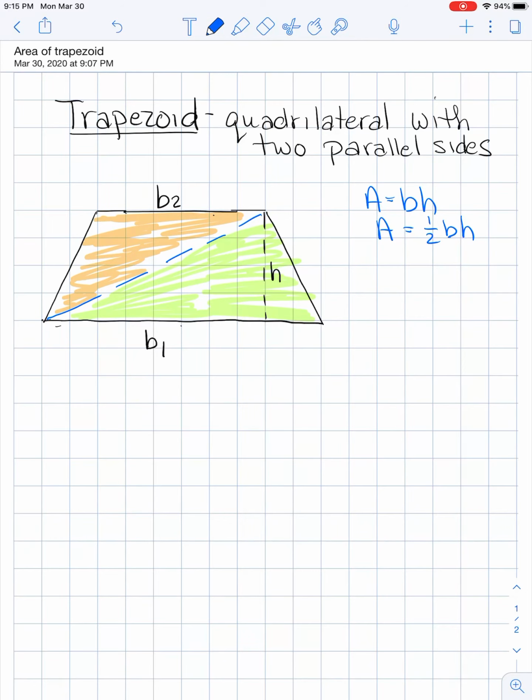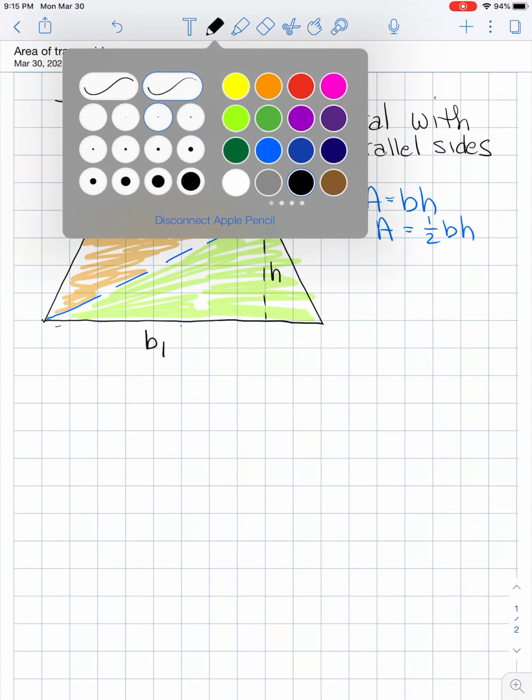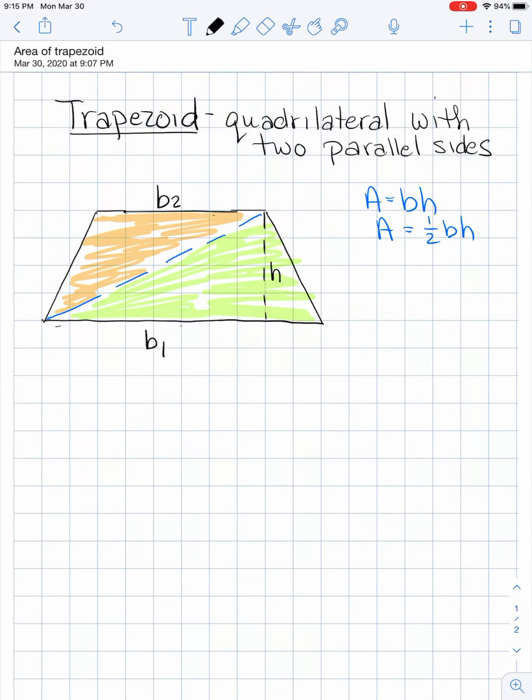Now, let's say that B1, the longer base in this case, is 1, 2, 3, 4, 5, 6, 7, 8, 9, 10 units. And B2 is 1, 2, 3, 4, 5, 6 units.